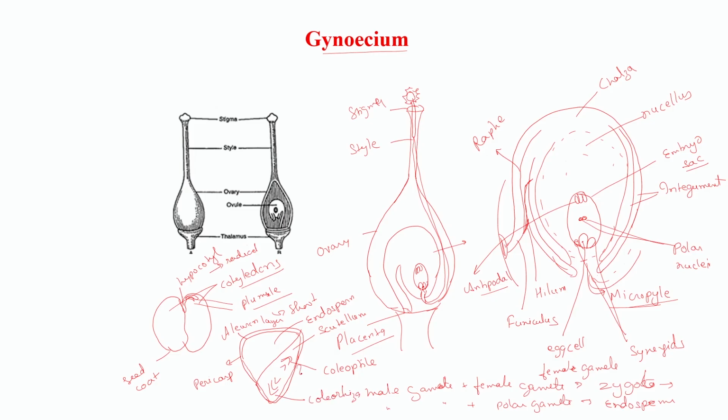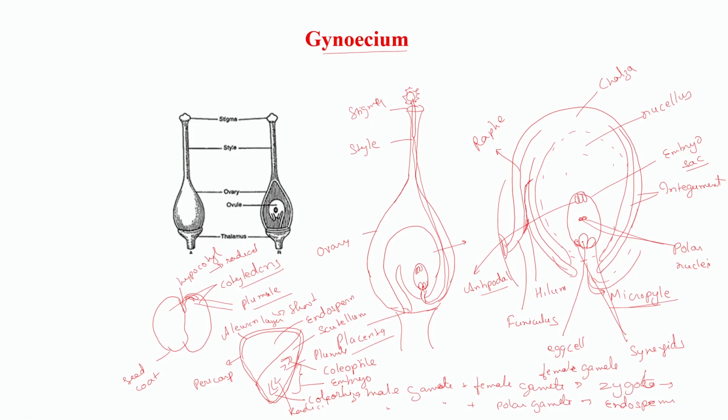So basically this is the embryo part. You will have the plumule here and the radicle here. So this is the structure of the seed of monocot and dicot plants.